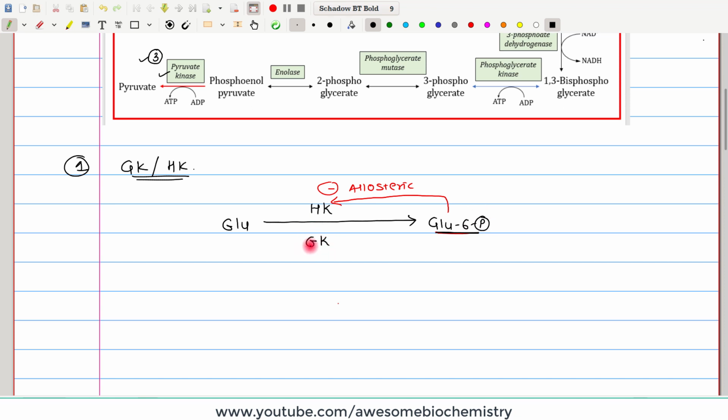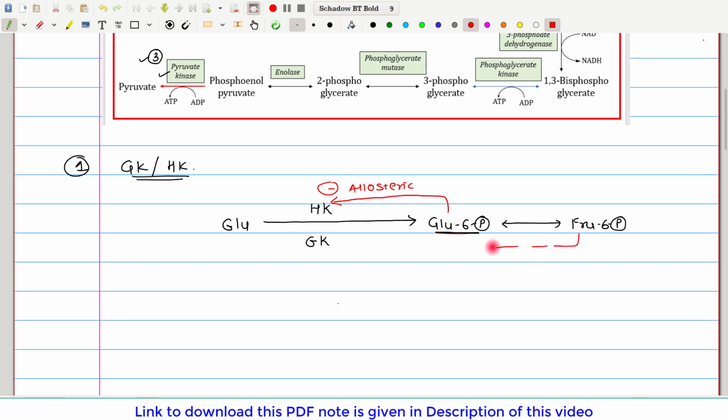How is glucokinase regulated? One important aspect is that glucokinase is not inhibited by its product glucose 6-phosphate. Rather, glucose 6-phosphate is reversibly converted into fructose 6-phosphate. This is the second step of glycolysis, right? This fructose 6-phosphate indirectly inhibits glucokinase.